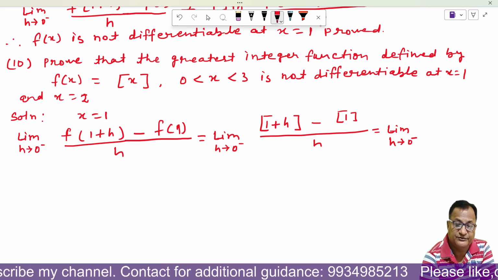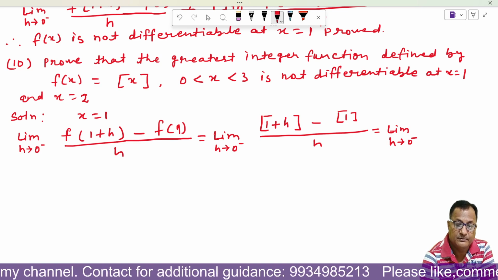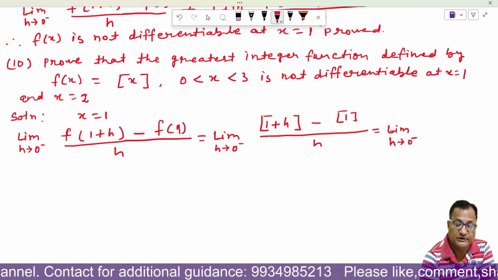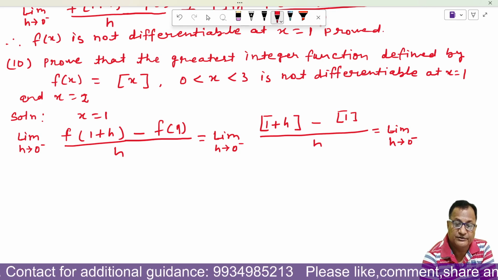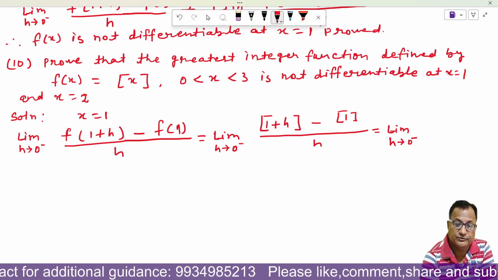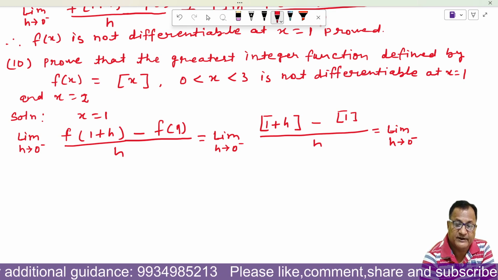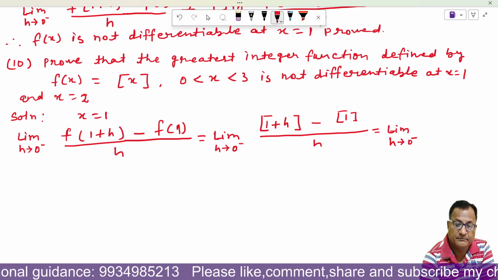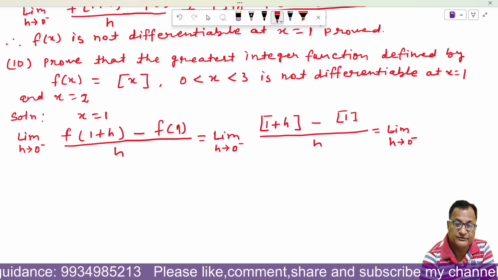Because see, h is less than 0 because this is the left hand limit, so it will subtract from 1, so it will be less than 1.